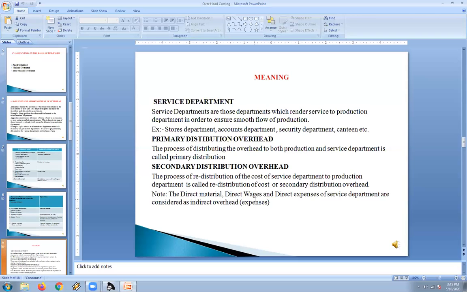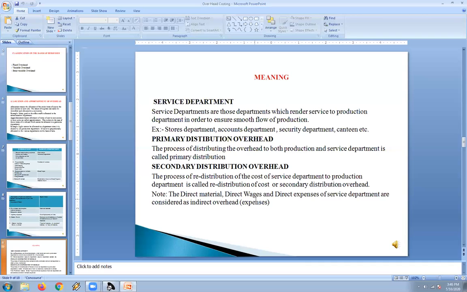If you allocate whatever expenses are incurred to all production and service departments, that is called primary distribution. Secondary distribution means that, earlier, we apportioned the expenses to both production and service departments, and whatever the service department expenses are, they are redistributed to the production departments.